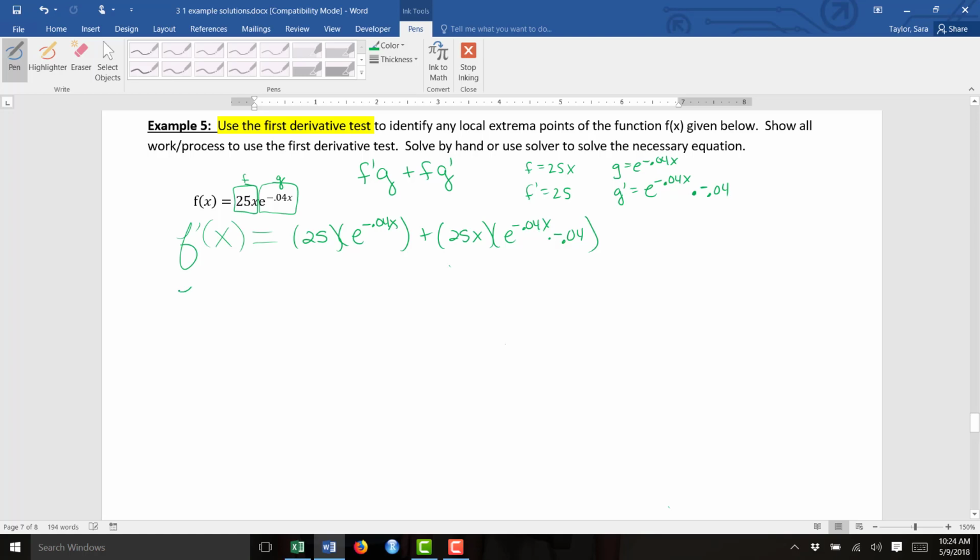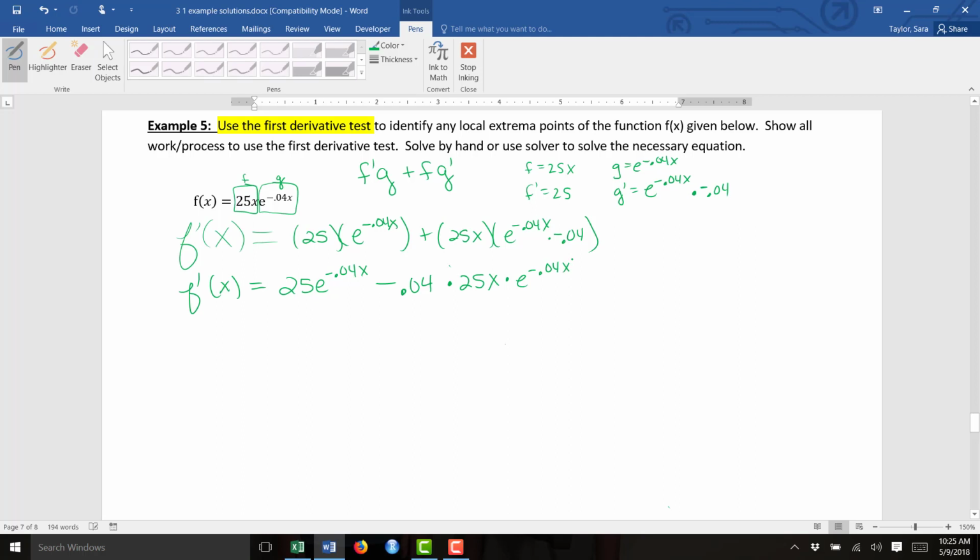I'm going to clean that up a little bit, so I don't need all these parentheses on that first term. It's just 25e to the negative 0.04x. And over here, 25x e to the negative 0.04x minus 0.04. I'm going to write the minus 0.04 out front times the 25x times the e to the negative 0.04x.